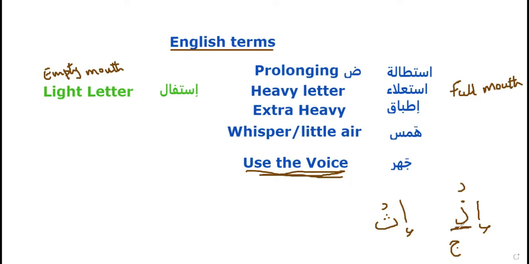If you're saying dal, it is with a voice, with the vocal cords. Jahr for dal, okay? And if you're using just the air, then it is hams. So you're changing the letter from dal to tha.